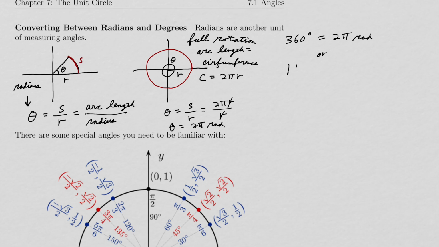So they use the conversion factor that 180 degrees is equal to pi radians. Okay, so again, to convert, and we'll do some examples in a second, you want to use that as a unit conversion factor.